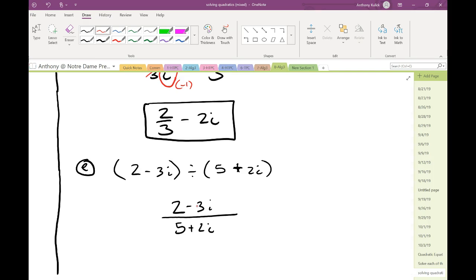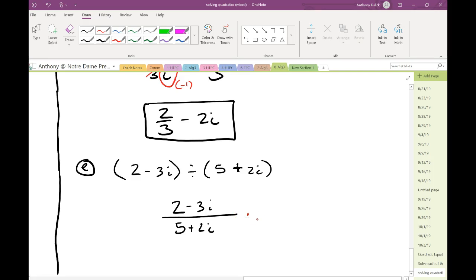So this is a little bit more difficult situation. Is i going to do it? It's not. The reason is that if I were to multiply i to the denominator, it would have to distribute to both pieces. So I'd end up with a 5i, which doesn't get the i out of the denominator.